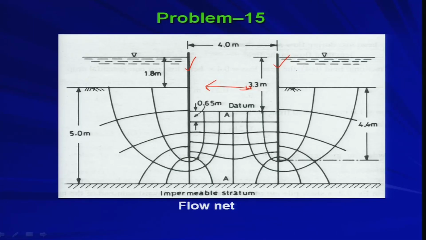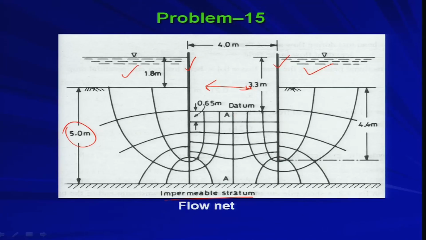Now, you have water level on both the sides, right. So, 1.8 meter height of water on the other side of the sheet pile, and the depth of permeable stratum is 5 meter. After that you have the impermeable stratum, and if you consider this problem, it is a very symmetric problem, right.